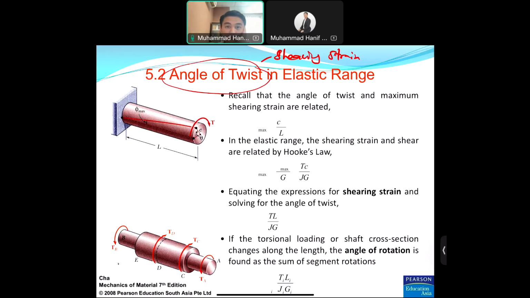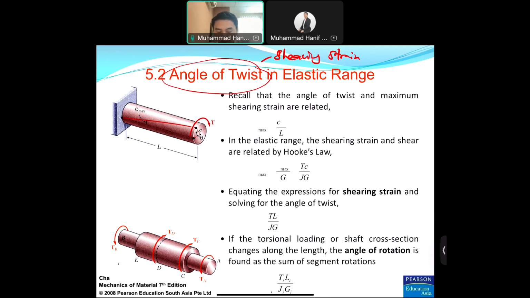Using the ratio, you will have phi over c equal to theta over L. This is the ratio, which I explained in the previous class as well. Once you have this, you rearrange to get phi only. So phi maximum is equal to c theta over L.